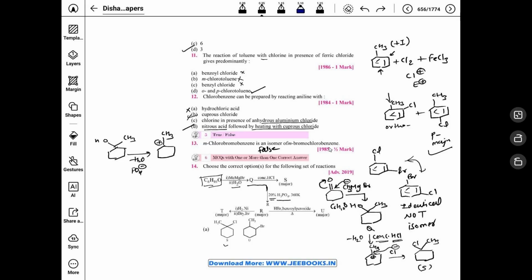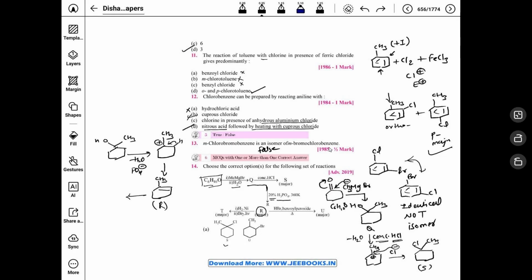So what is going to happen? Elimination. So hydrogen from the beta position will go away and it will give the more substituted alkene according to the Saytzeff rule. Therefore the correct structure of R will be this, and then R is treated with Raney nickel.